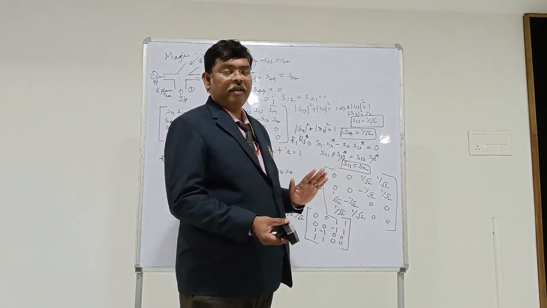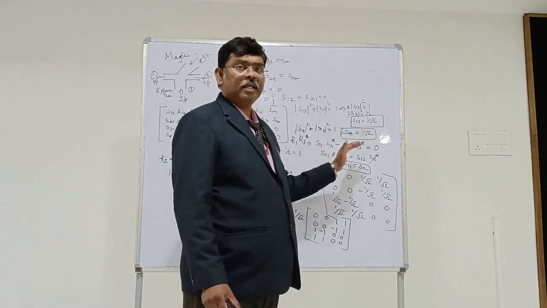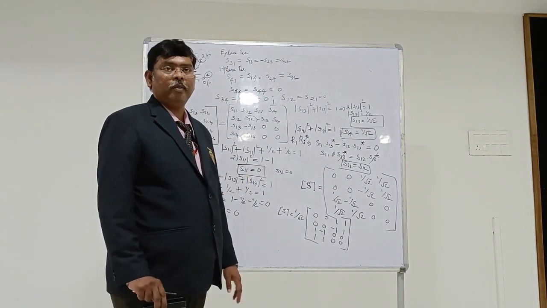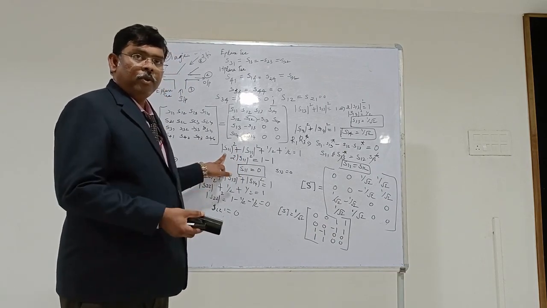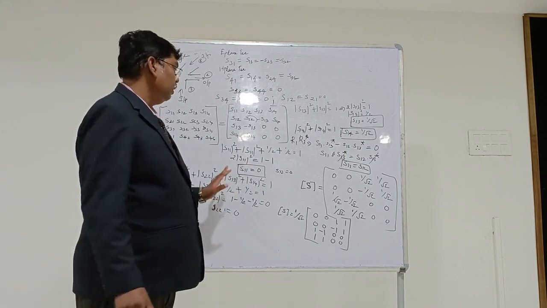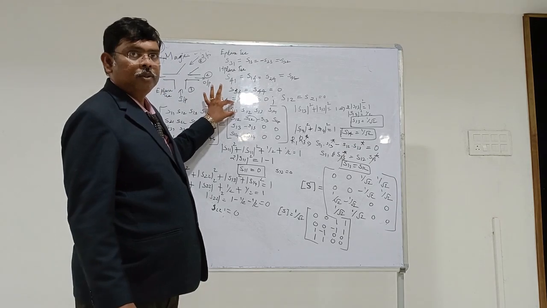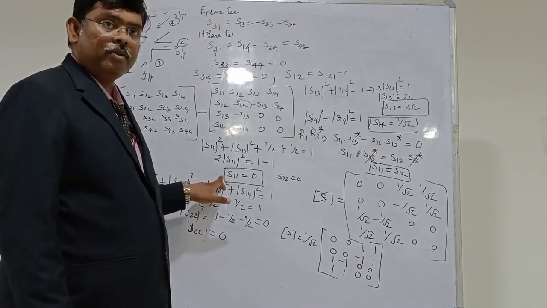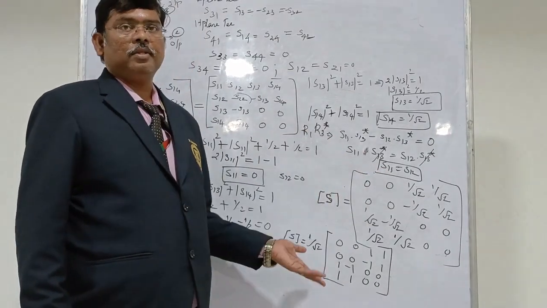So S11 and S12 are equal, and in place of S11 we can replace S12, or in place of S12 you can replace S11. From that, solving the first row using S11, I get S11 equal to 0. If S11 is 0, automatically S12 is 0.